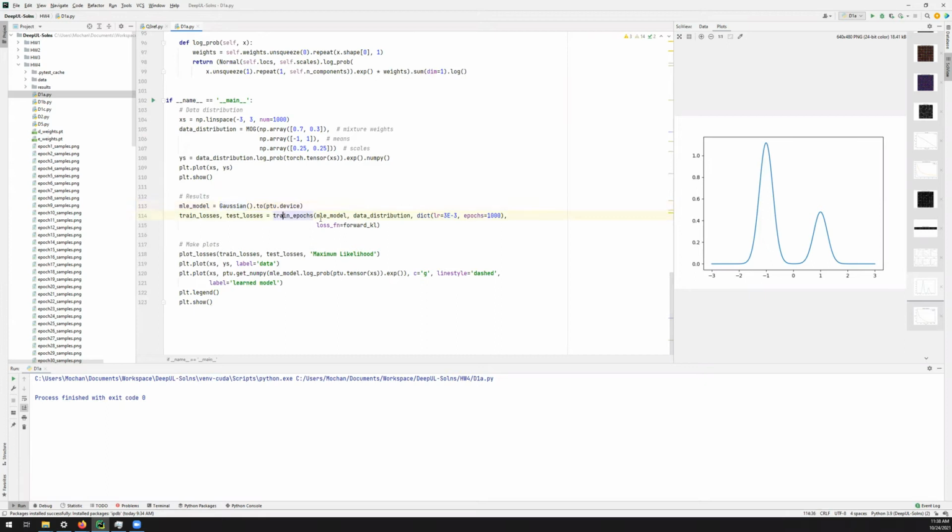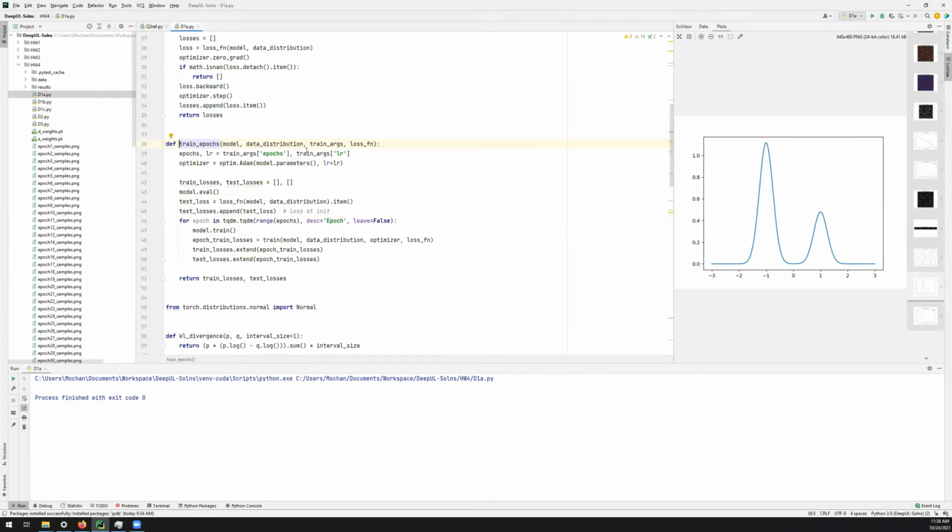Then we do the training of it, and this is also pretty straightforward. We calculate the loss function, and we calculate the loss.